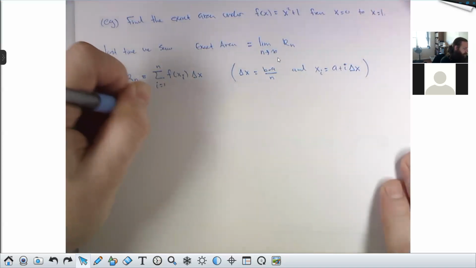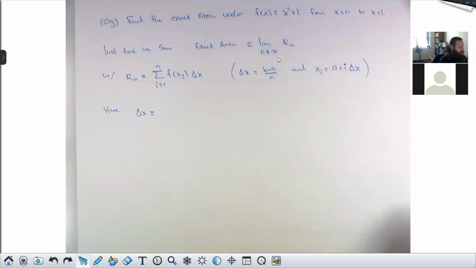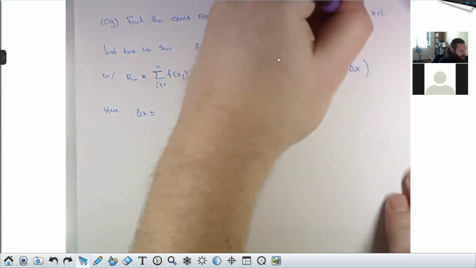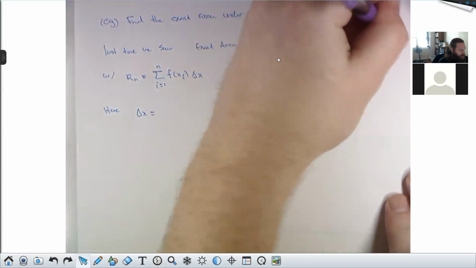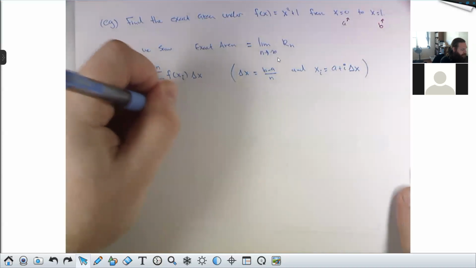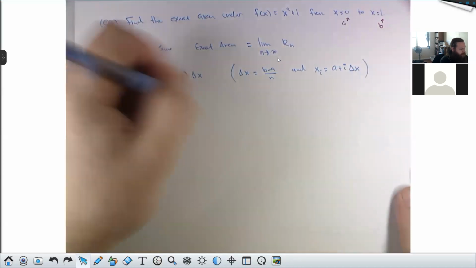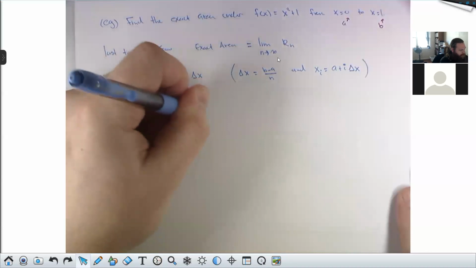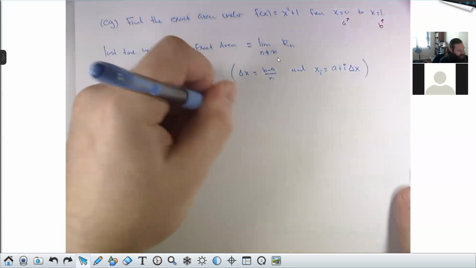So here, for delta x, we've got to identify our a and b. a is 0 and b is 1. a and b are the endpoints of the interval over which I'm trying to find the area. So this is b minus a over n, which is 1 minus 0 over n, which is 1 over n.